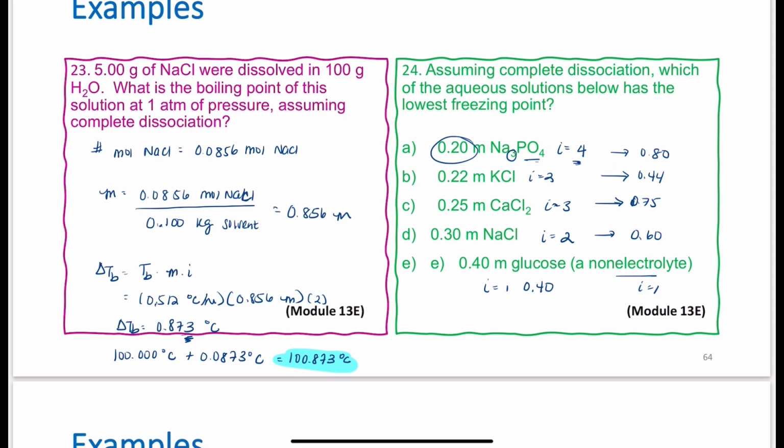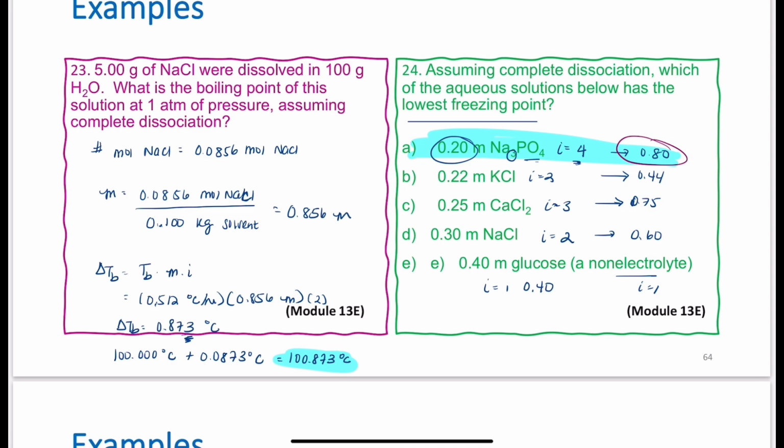I looked for, okay, so I forgot what I'm solving for: lowest freezing point. So it is called freezing point depression. Which one's going to have the greatest effect on my solution? That's going to be this one because it's got the greatest value difference here. This is going to lead to the lowest freezing point.